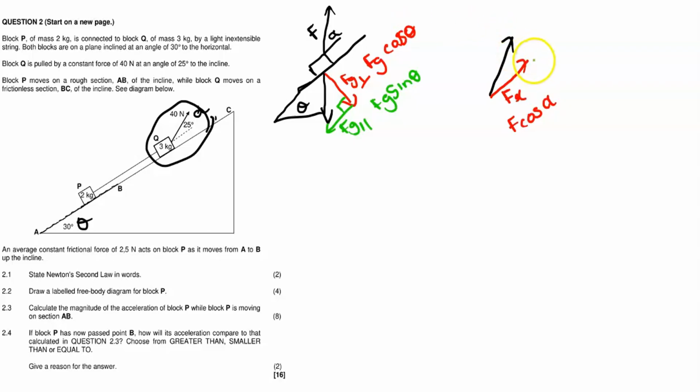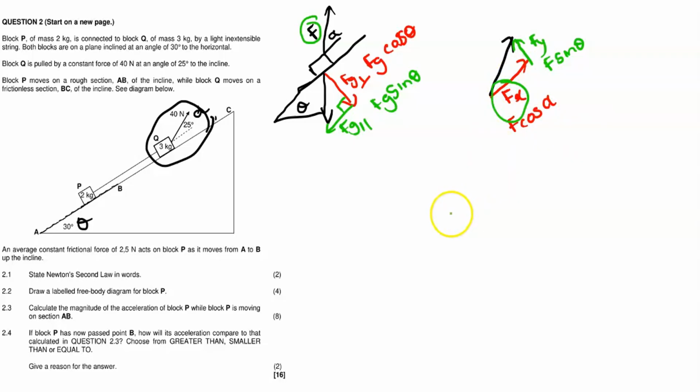And then we also have Fy, which will be the same as F sine alpha. Now remember that when we are dealing with a question like this, we are not going to use this F because it doesn't act parallel to the motion of the object. So we'll need to make use of this Fx.